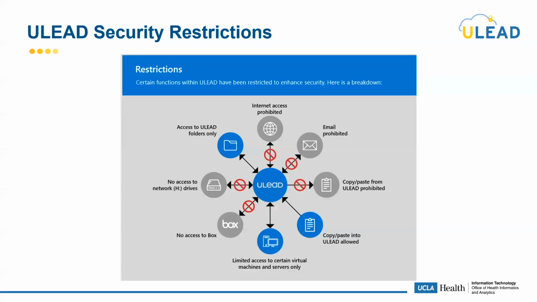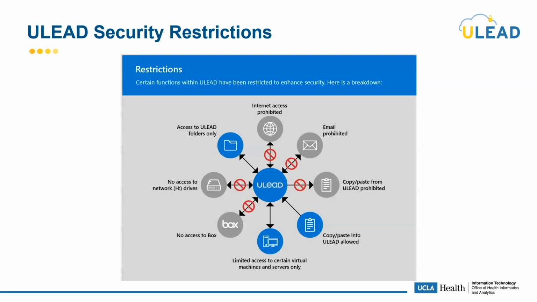Here are some of the restrictions as part of those security requirements. So part of that last slide that I showed, we needed to enable this in order to adhere to those requirements by compliance and our risk teams. So we do have some limitations here.